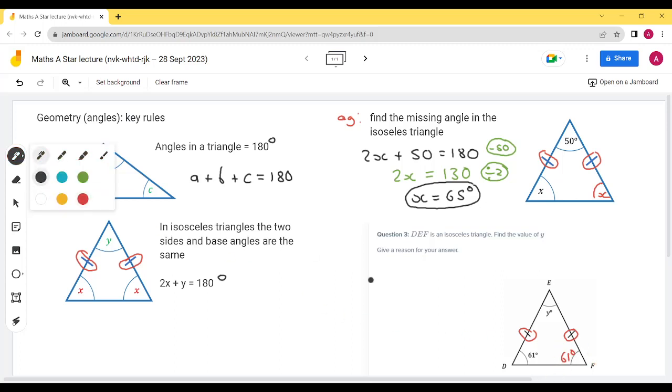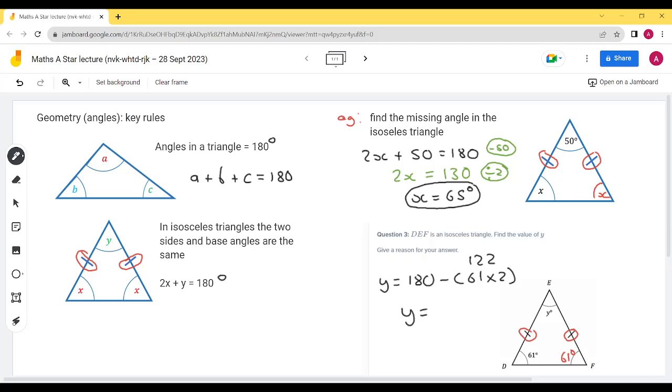So now we can say y equals 180, the total always for an isosceles triangle, minus 2 lots of 61, which gives us 122, which if we take that away, we can get to y equals 58 degrees. And that's our final answer there. y equals 58 degrees.